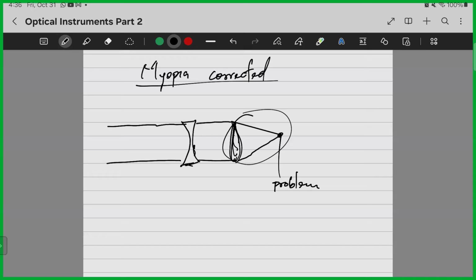But now the role of this particular diverging lens is to bring light rays from the person's far point and make it diverge and fall on the retina. So, correction.